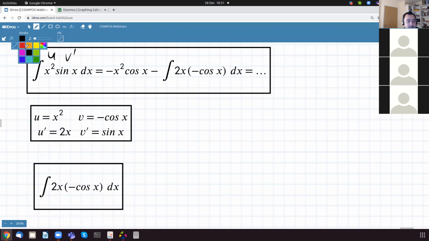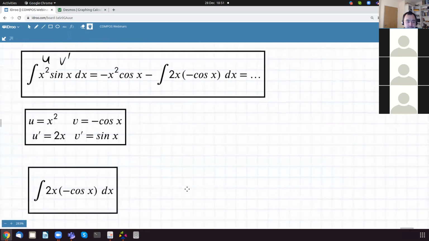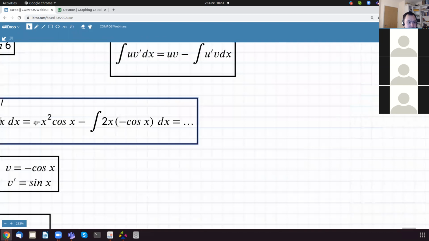I just draw an arrow here. Okay, I don't want to confuse you here, so I'll carry on and do the extra step.